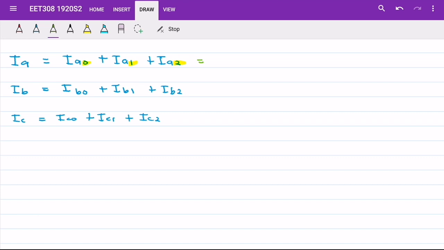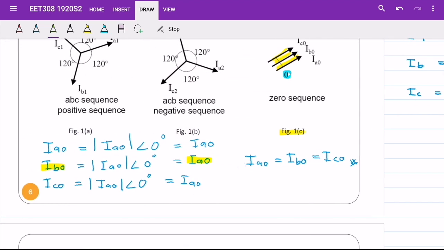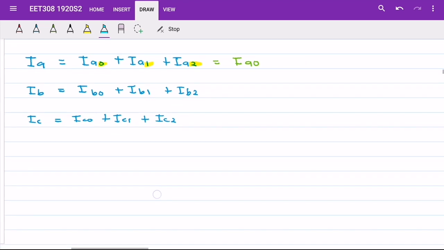From the phasor diagram analysis for the negative, positive, and zero sequence, we can refer to the previous analysis: IA0 equals IA0, IB0 equals IA0, IC0 equals IA0, and IA1 equals IA1 and IA2 equals IA2.